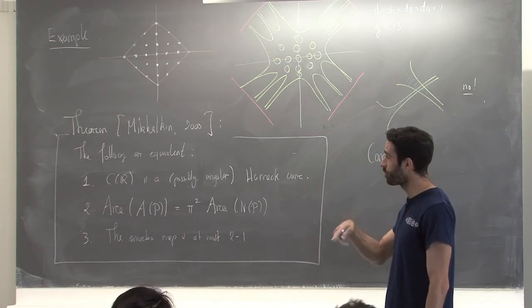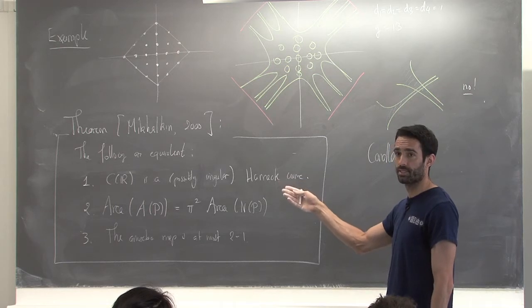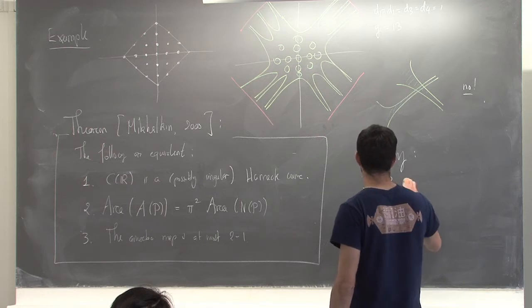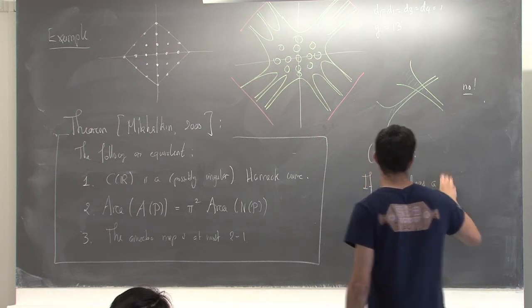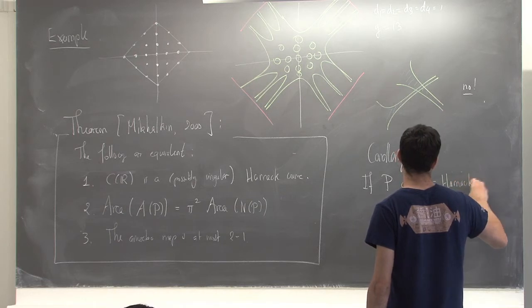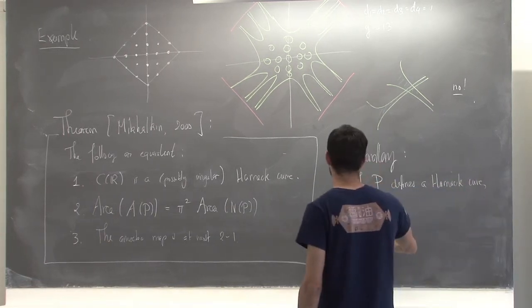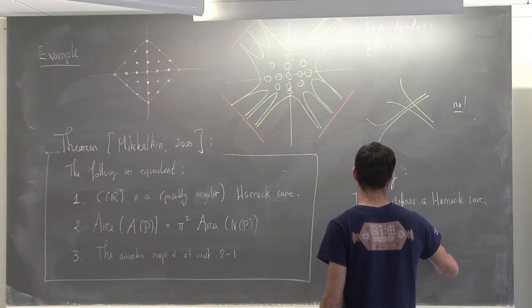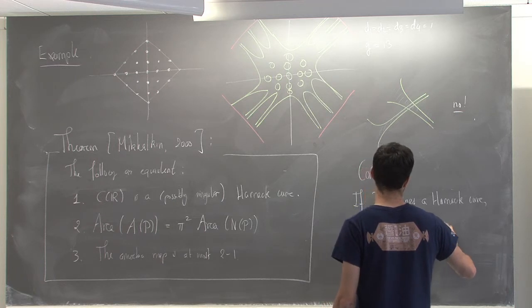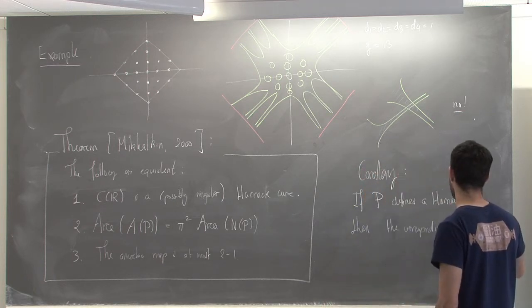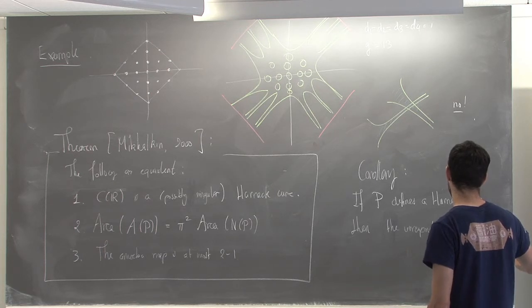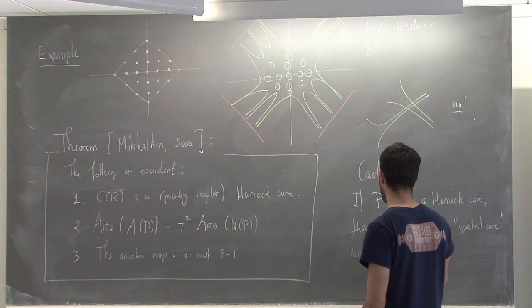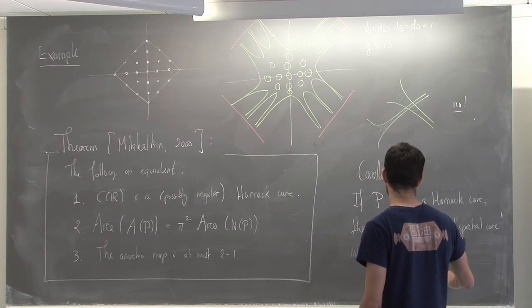So it means that the corresponding spectral curve, I have not introduced this terminology, intersects the unit torus in at most 2 points.